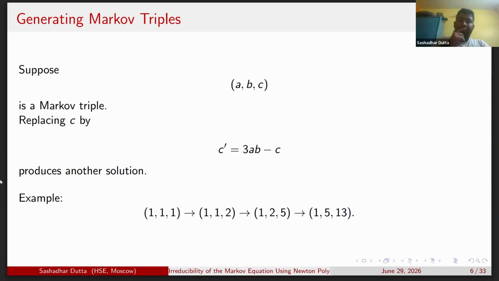Scientists are thinking about generating Markov triples, that is, how we can connect Markov solutions to each other. Suppose I choose A, B, C, which is a Markov triple.